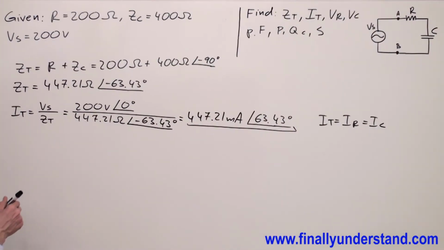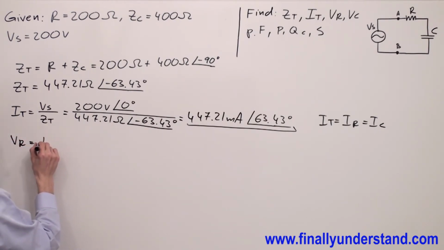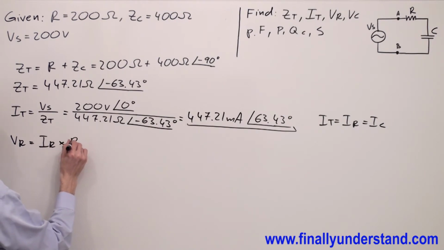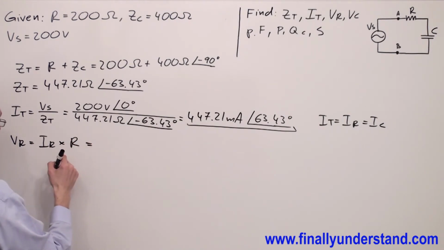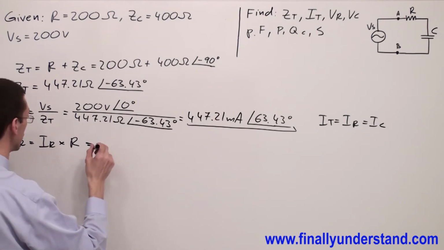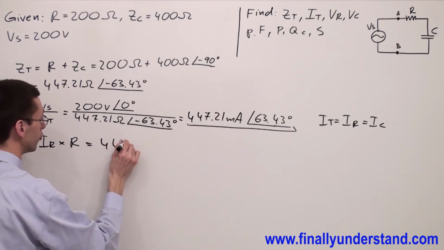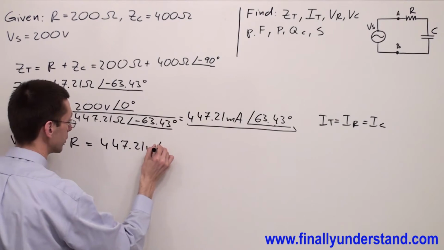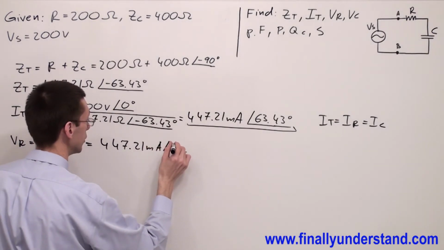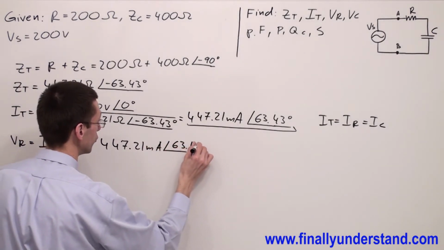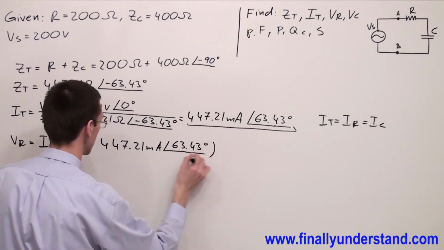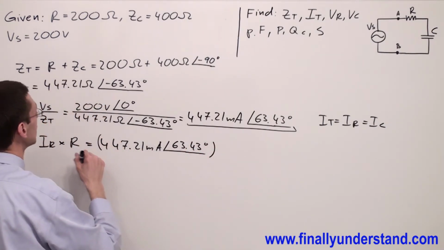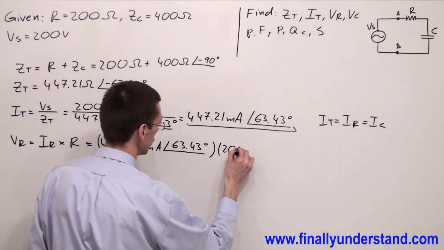Next, we're supposed to find the voltage across the resistor. In order to find it, I'm going to use Ohm's law. VR is equal to IR times resistance, where IR is equal to 447.21 milliamps, an angle of 63.43 degrees, times the resistance, 200 ohms.